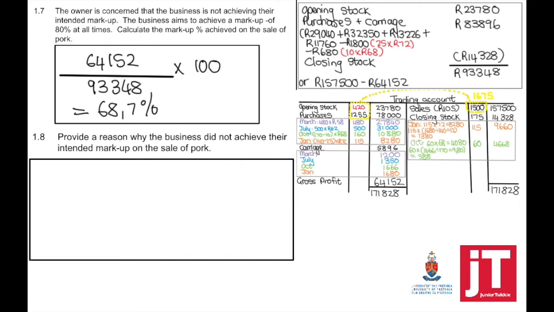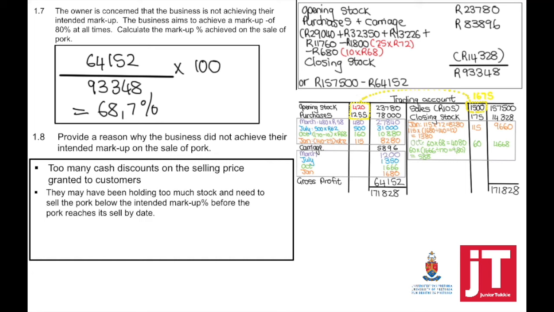Question 1.8. Provide a reason why the business did not achieve their intended markup. Remember that they want to achieve a markup of 80% at all times. But now if we calculated that our markup achieved was only 68.7%. So reasons why we could not have achieved our end markup: too many cash discounts on the selling price granted to customers.